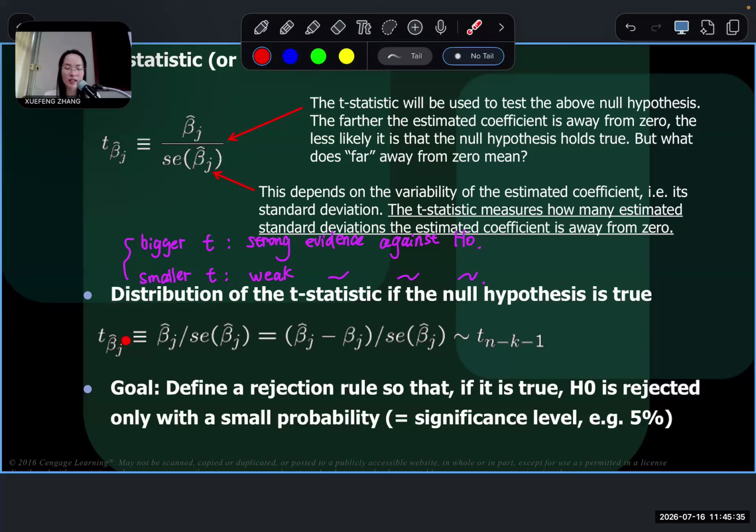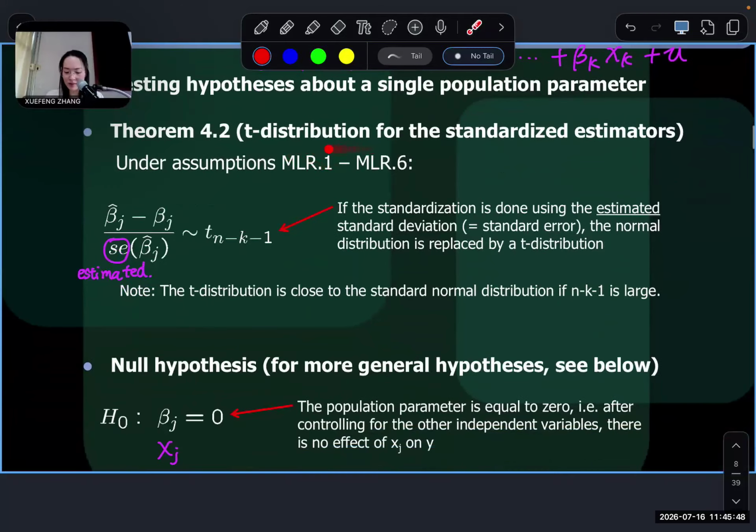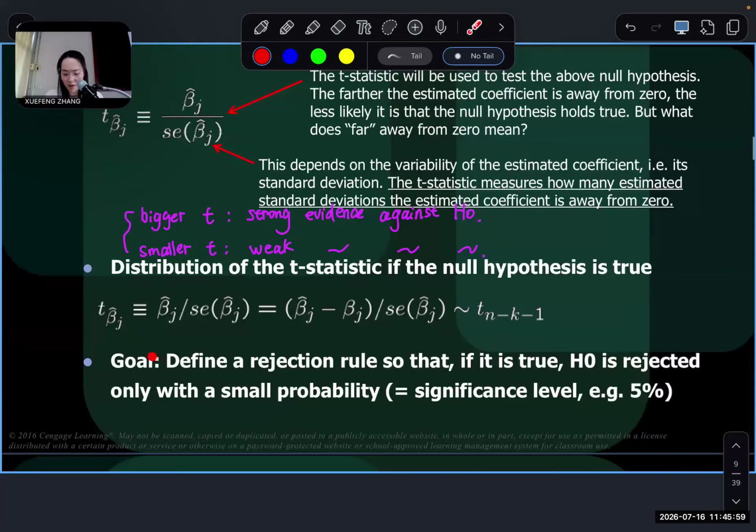Then this t-statistic simplifies to beta j hat divided by the standard error of beta j hat, which by theorem 4.2 follows a t distribution with n minus k minus 1 degrees of freedom.